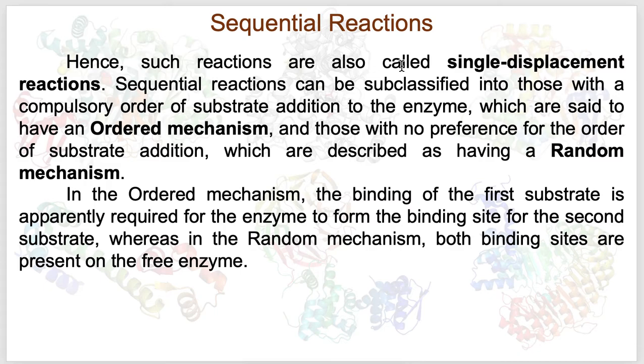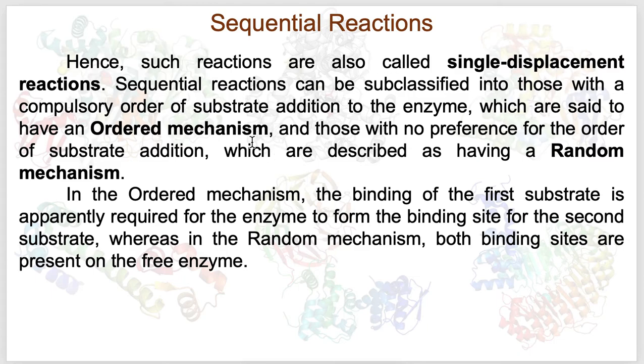Sequential reactions we can also further classify. They are classified into two groups. One is called ordered mechanism and another is called random mechanism.